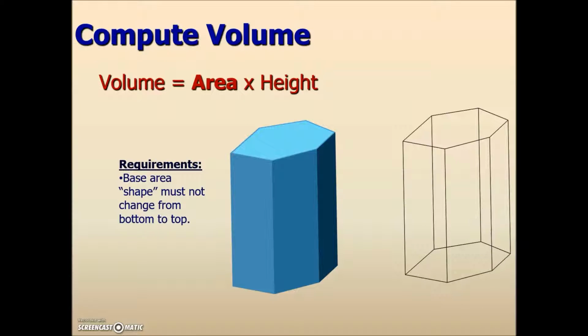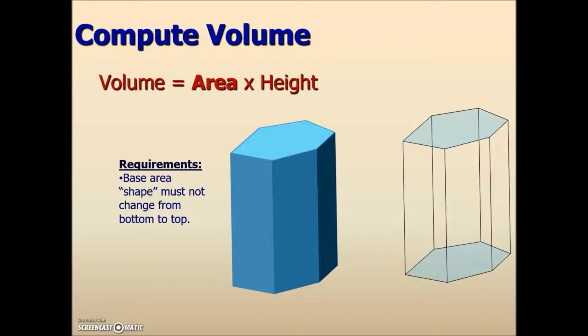The requirement of this face is that this base area shape must not change from top to bottom. If you look directly opposite from this face side, you should see the same size and shape on the opposite end of your three-dimensional object.